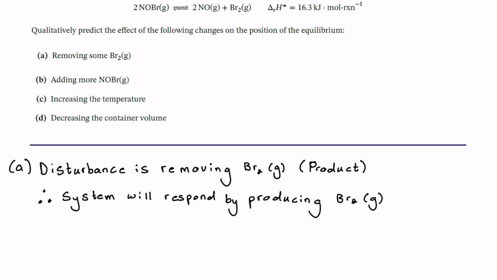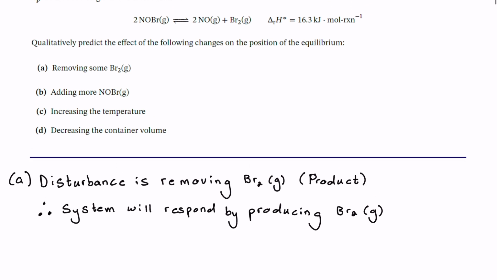If it wants to produce Br2, what does the system need to do? It therefore needs to decrease the concentration of NOBr, the reactant.